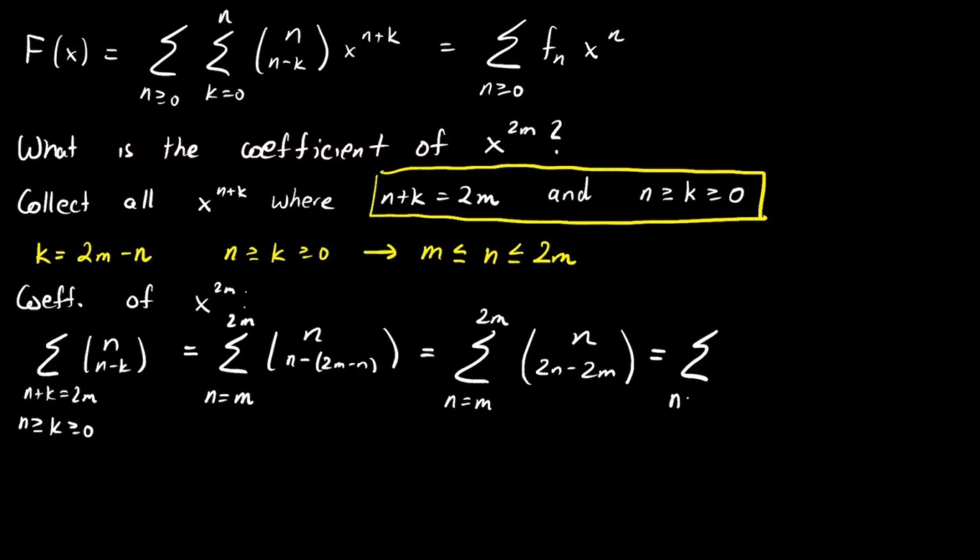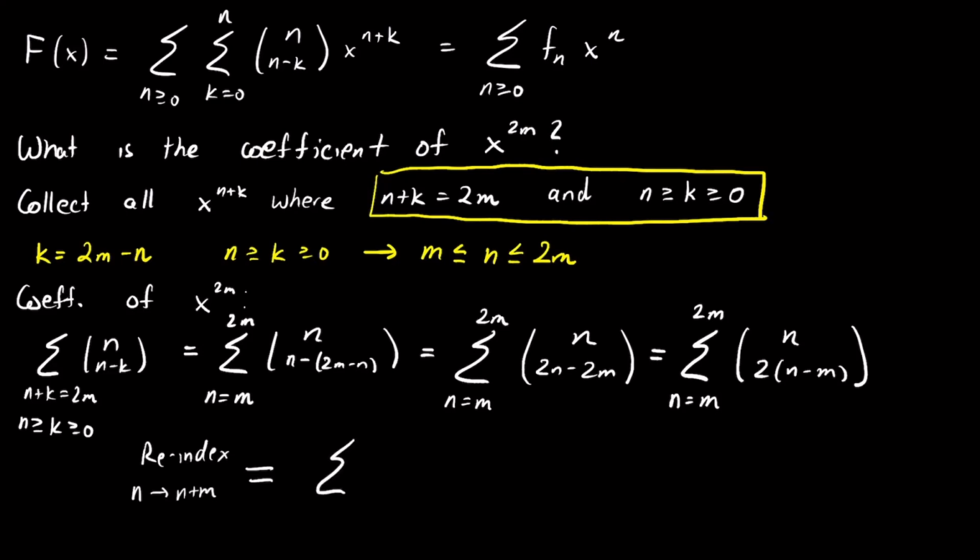We can write this as the sum, n going from m to 2m, of n choose 2 times n minus m. And then what I can do is reindex. I will replace n with n plus m, and this sum is going to become the sum of n plus m choose 2n, n going from 0 to m.